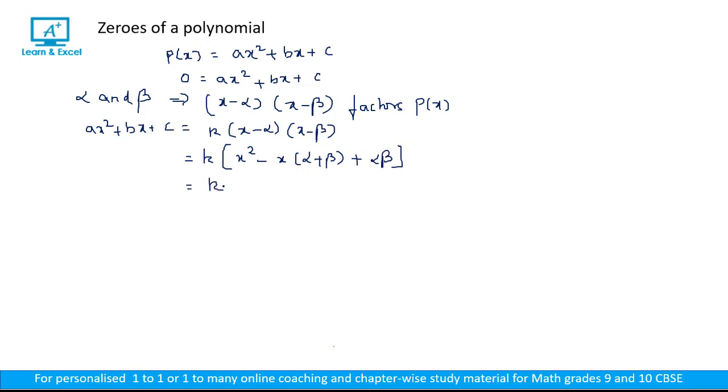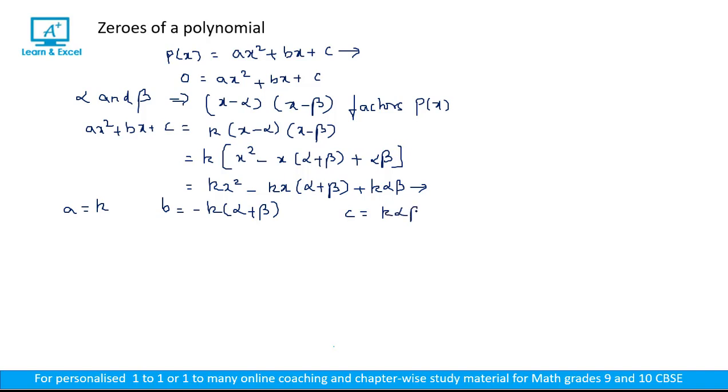This is equal to kx square minus kx into alpha plus beta plus k alpha beta. Now comparing this equation with the general form of the equation, we get a as equal to k, b as equal to minus k into alpha plus beta, and c as equal to k alpha beta.